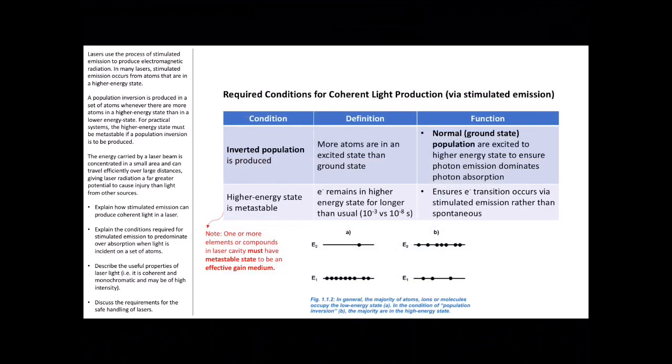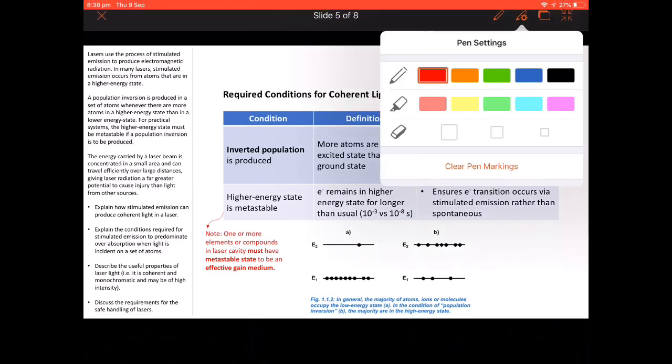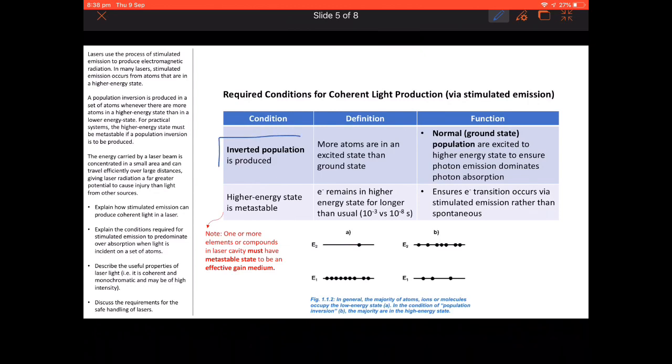There are some required conditions for coherent light production via stimulated emission. One of those is that you need an inverted population to be produced, and what that means is that more atoms are in the excited state than in the ground state, because if you're going to have stimulated emission occurring, your atoms need to be in that excited state for that emission to be stimulated. By having an inverted population, you ensure that photon emission dominates photon absorption.